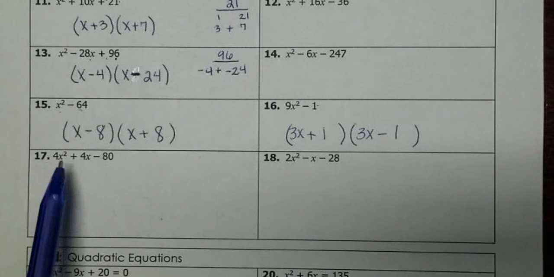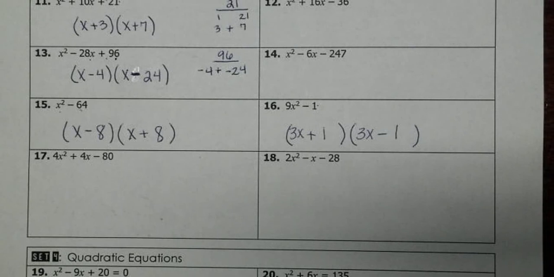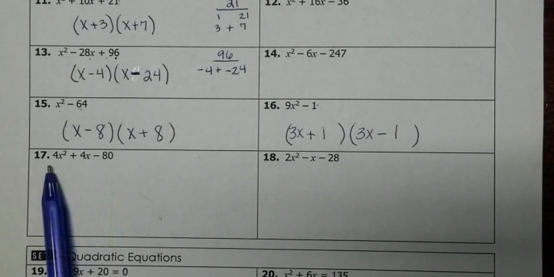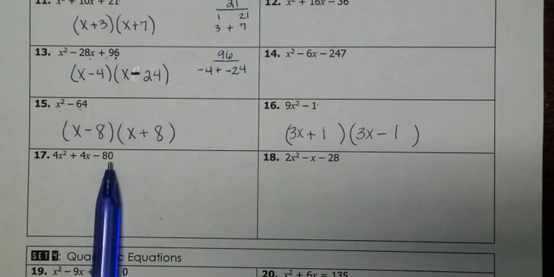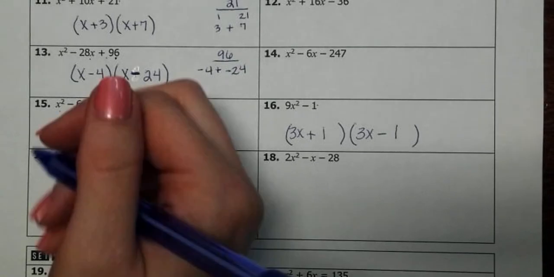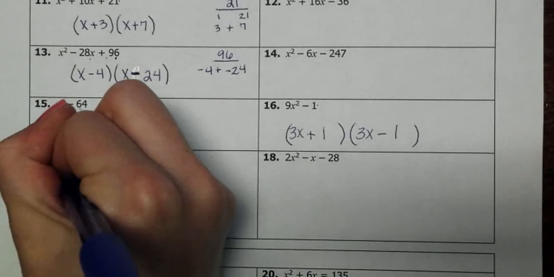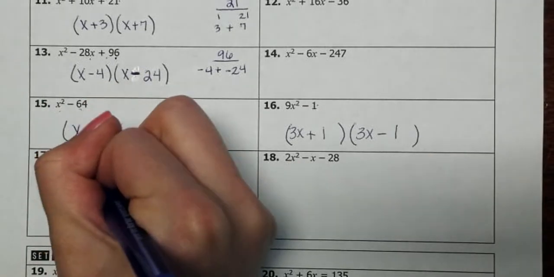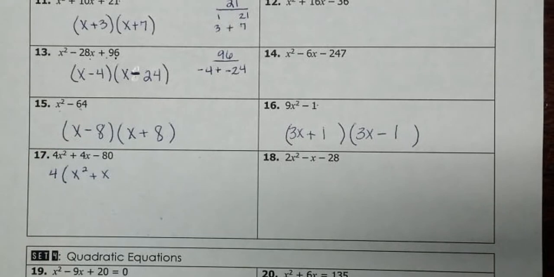So you have to think, is there a greatest common factor that I can factor out of these numbers? Can I take a number out of every single thing here? I can. I should be able to take out 4 from everything. So I'm going to take out a 4 from each term. And if I do that, I'll have x squared plus x. And then 80 divided by 4 is 20. So I have minus 20.